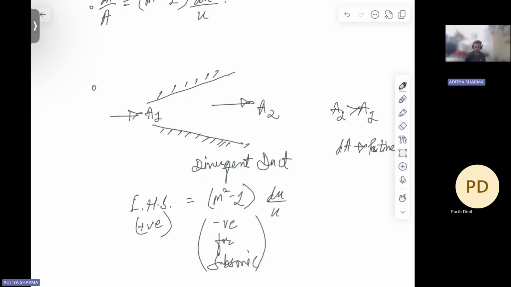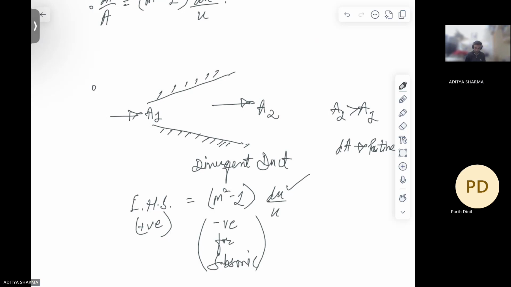To make the right hand side positive, du will also have to be negative. Negative times negative becomes positive.